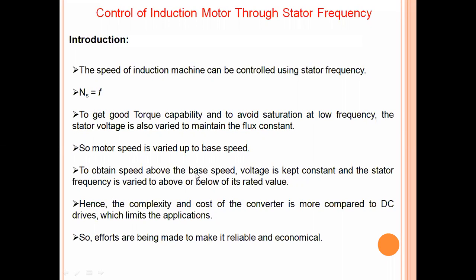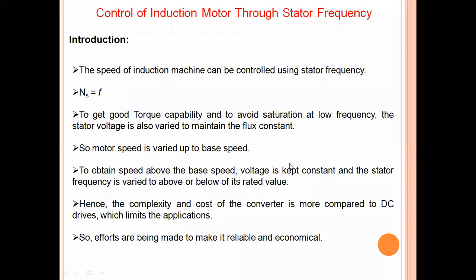So up to the base speed, we need to vary the voltage and frequency in order to maintain the flux constant. After the base speed, we need to keep the stator voltage constant and alter the stator frequency or supply frequency above or below the rated value.